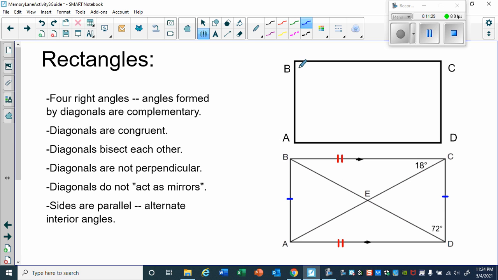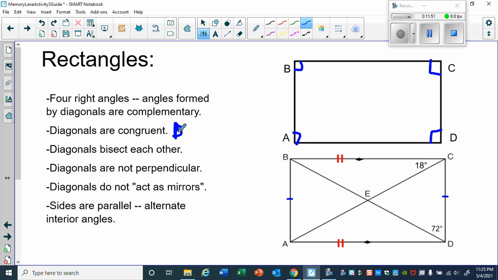Rectangles. 4 right angles, 1, 2, 3, 4, which means they're 90 degrees. Diagonals are congruent. So basically, your diagonal B to D, that entire line, is congruent to AC.